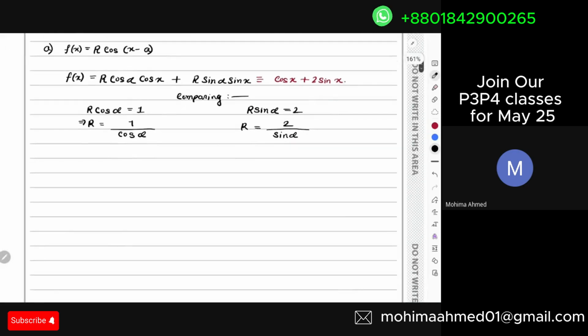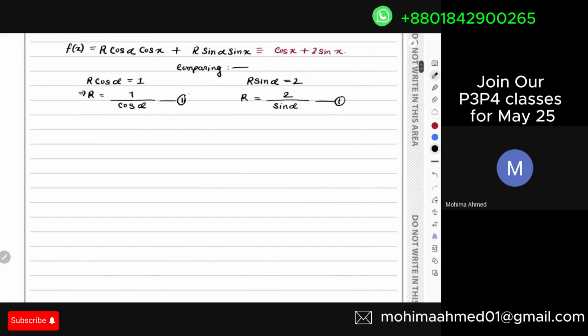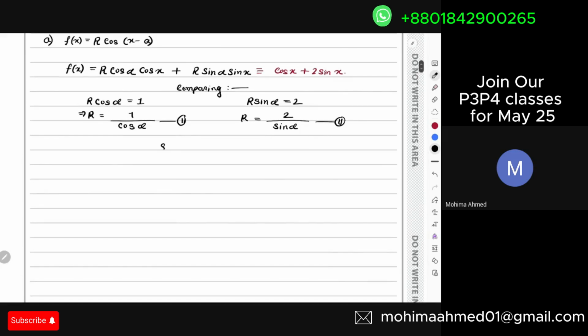Okay, so for r and alpha, this is my first equation, this is my second equation. So I'm going to substitute 1 into 2. If we substitute 1 into 2, we basically have r equals r. From there, I can write 1 divided by cos alpha, and this is 2 divided by sin alpha.